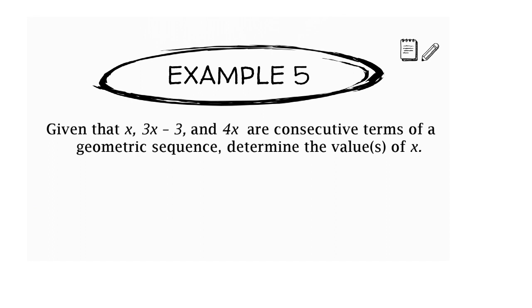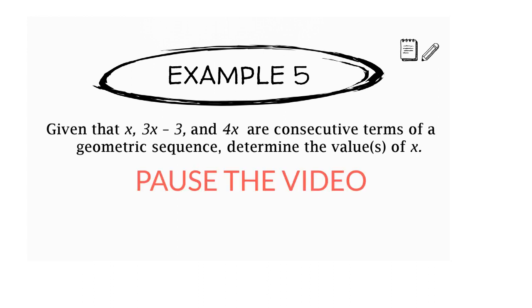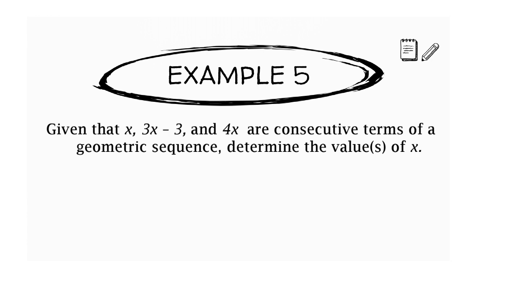Here's an example that's similar to one that we've already done, but this time we're given that x, 3x minus 3, and 4x are consecutive terms of a geometric sequence, and you're asked to determine the value of x. Once again, pause the video and see if you can figure it out. This time, rather than subtracting consecutive terms and expecting a common difference, we'll divide consecutive terms and expect a common ratio.